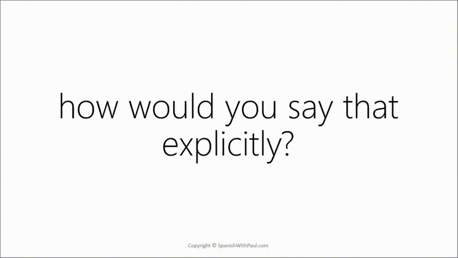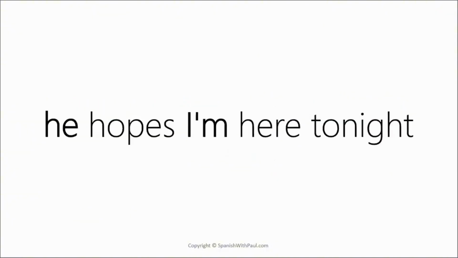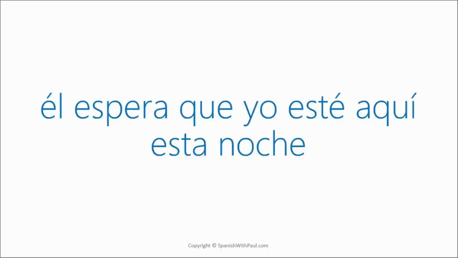How would you say that explicitly, meaning he hopes that I am here tonight? So we want to make it very explicit, the he and the I. Él espera que yo esté aquí esta noche.